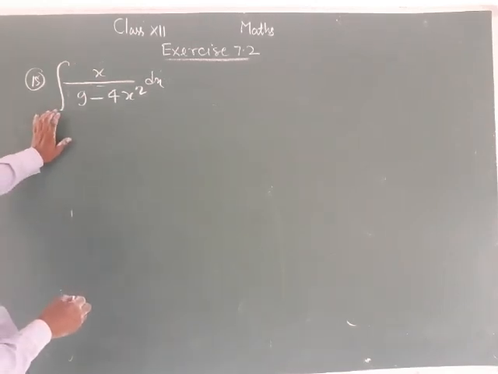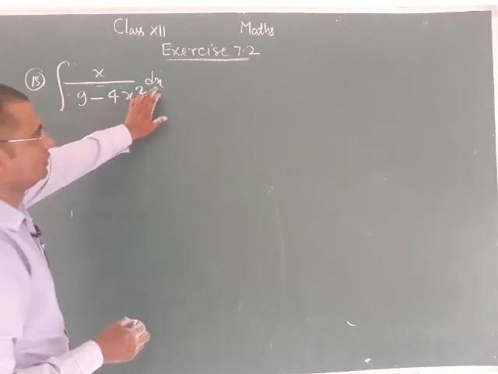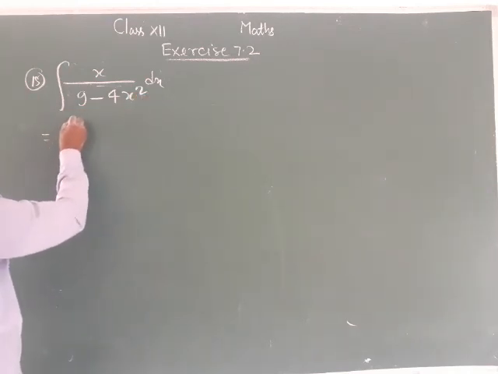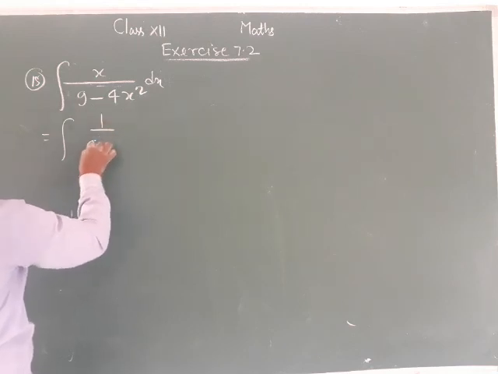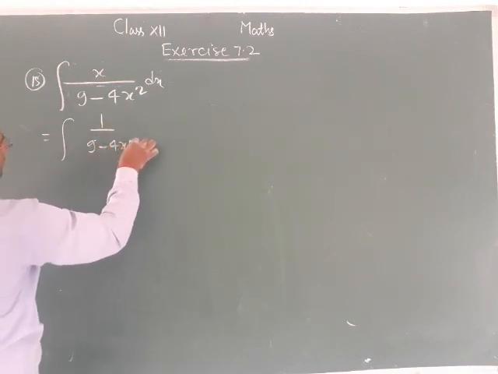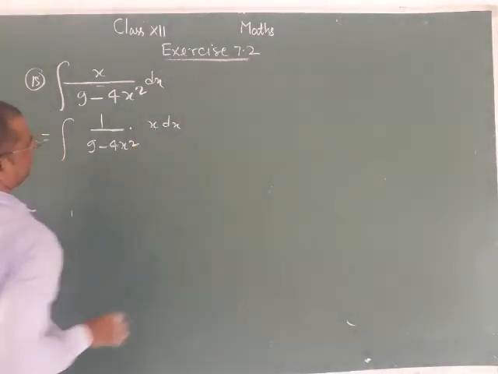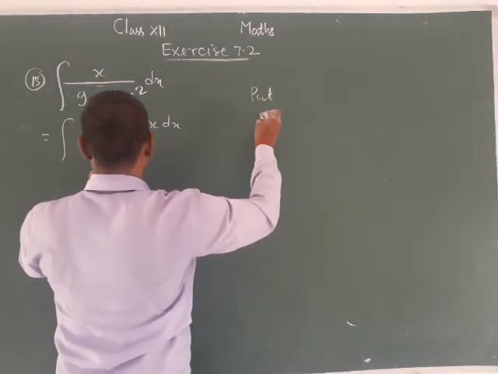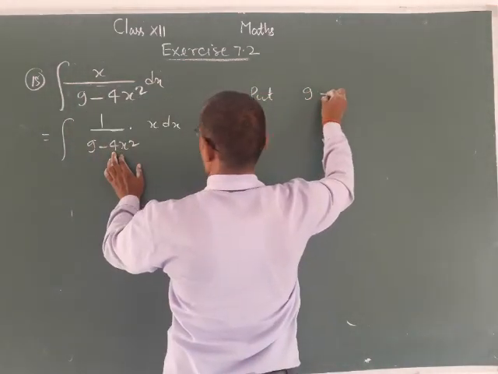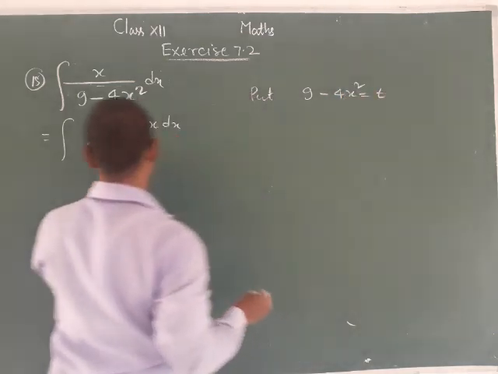Now in question number 50, the integral of x upon 9 minus 4x square dx. We can also write 1 upon 9 minus 4x square into x dx. Now put 9 minus 4x square equal to t.